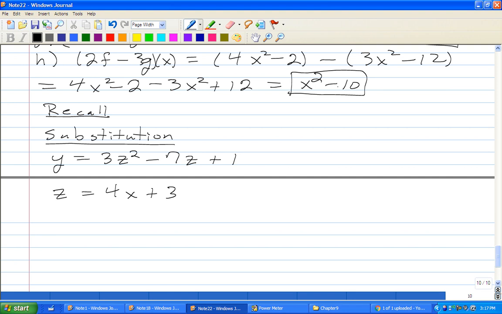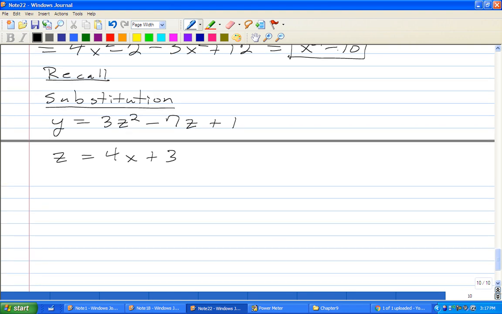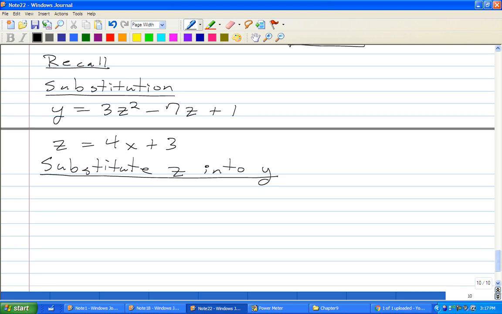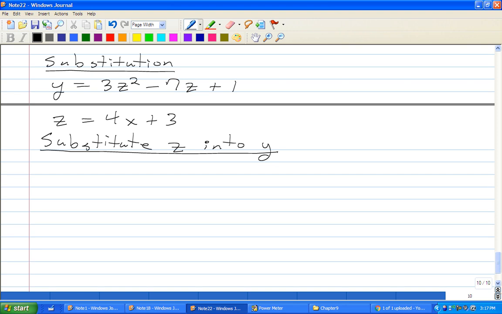Now, let me substitute z into y so that I get y in terms of x instead of y in terms of z.